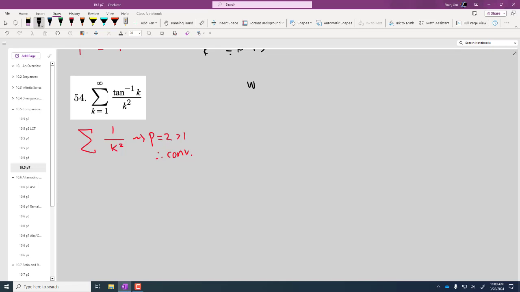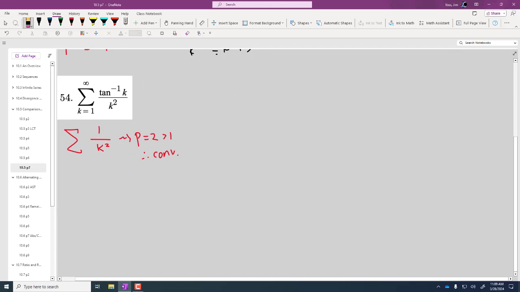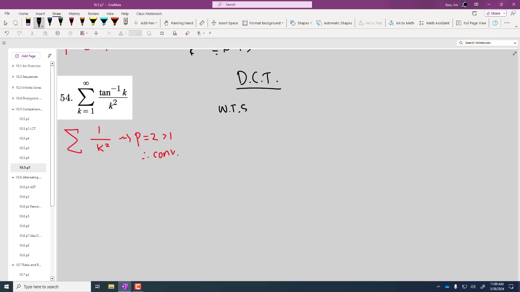For the direct comparison test, for convergence, we want to show that the a's are smaller than the b's.